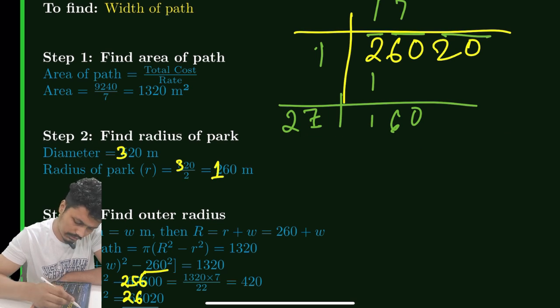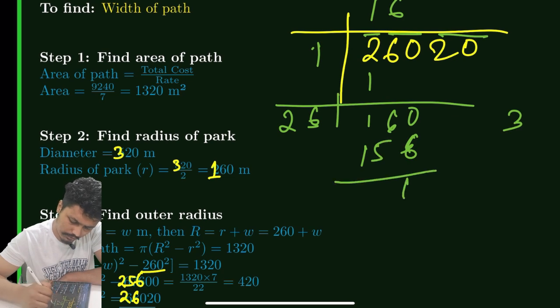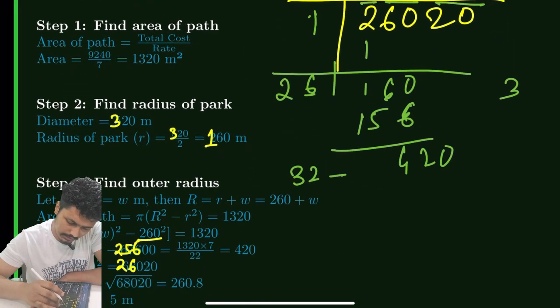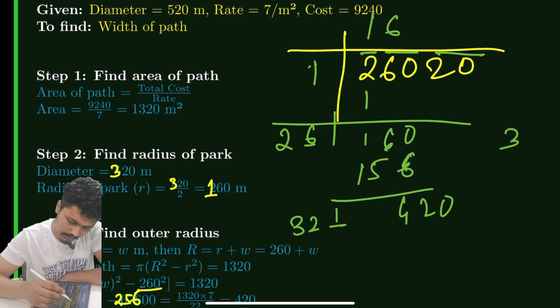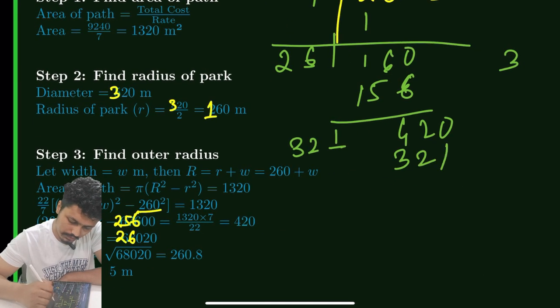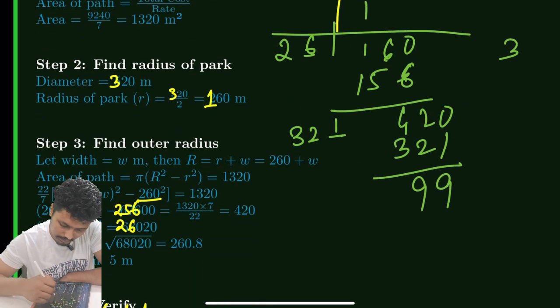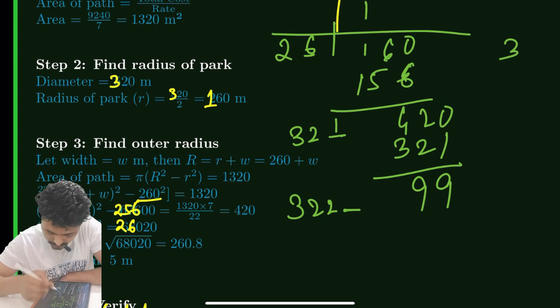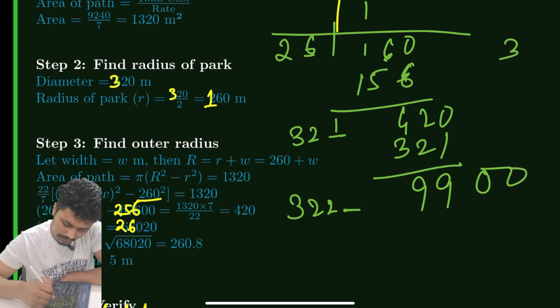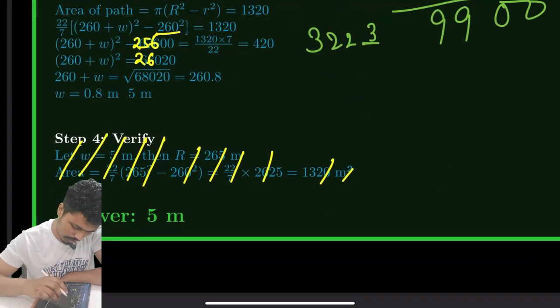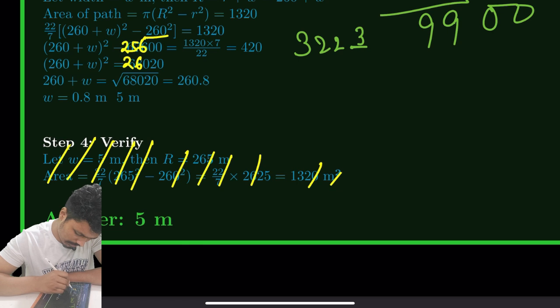So let me keep 6 here, 6 6 36, 6 12 13 14 15, 156, 420, 26 plus 6 32, and 321. I got it to be 99, and it will be 322. If I take 00 here, I can take 3 here, right? So I'll get the answer to be 161.3.